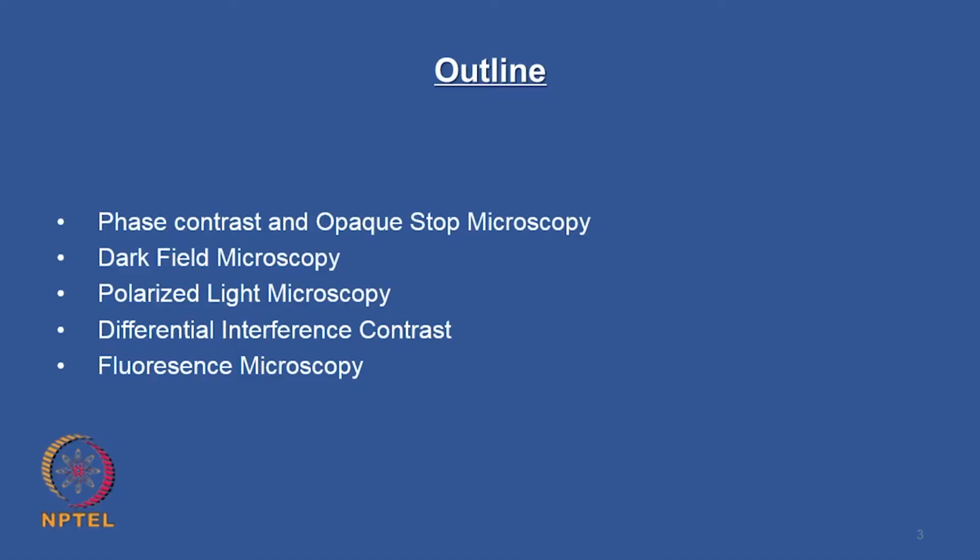Before I begin phase contrast microscopy, a very similar technique is opaque stop microscopy. Since we have just finished bright field illumination, it is a slight modification of it, where just one additional aperture is introduced at the illumination source. How it is useful, I will briefly discuss on the board, and then I will come back to phase contrast microscopy.